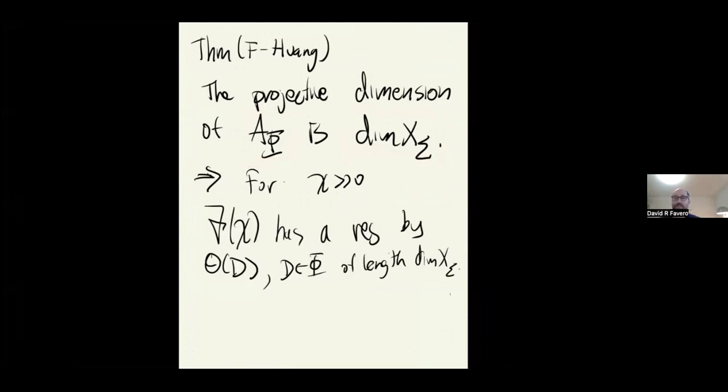So the homological dimension of this non-commutative ring is just the dimension of the toric variety. So this implies a nice statement in algebraic geometry, which is that for chi sufficiently large, F of chi has a resolution with line bundles in this finite set, and the length of this resolution is the dimension of the toric variety.